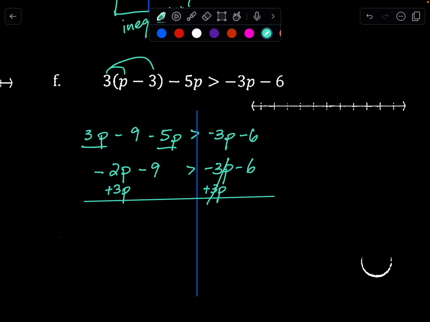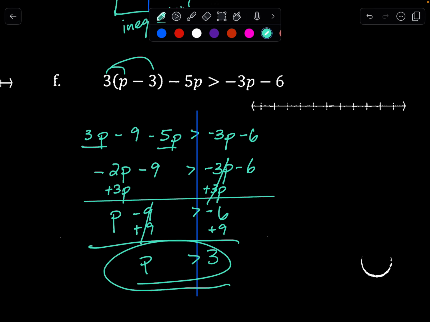Negative 2 plus 3 is going to give you a positive 1p. I'm just going to write p minus 9 greater than negative 6. Add your 9. P is greater than 3. And that's going to be your answer.